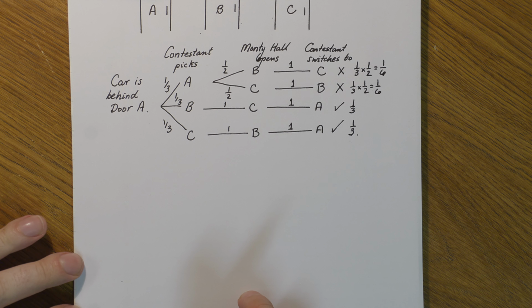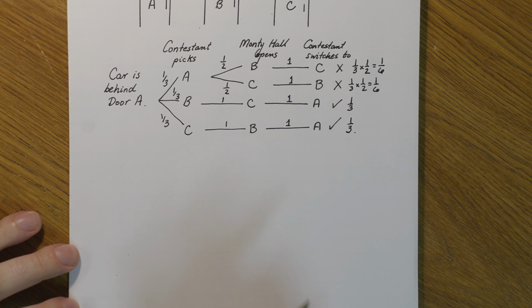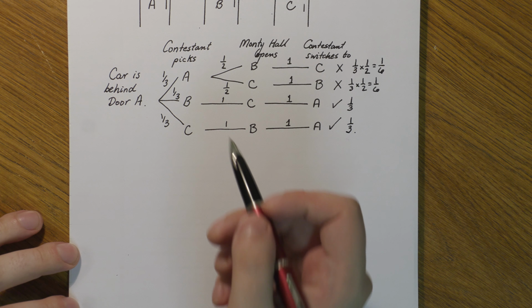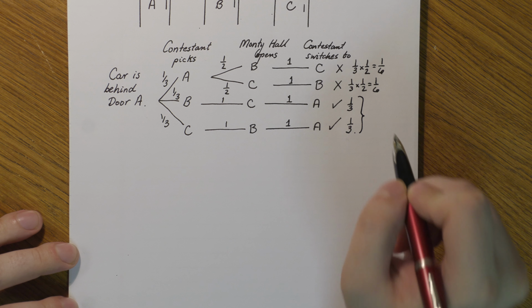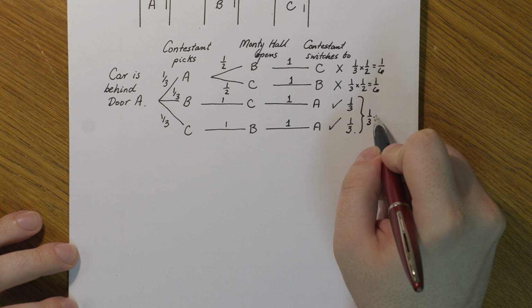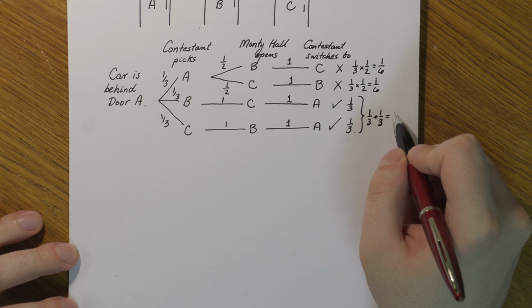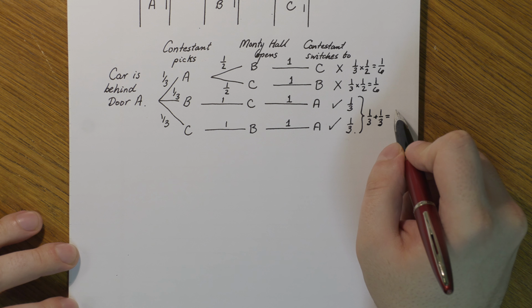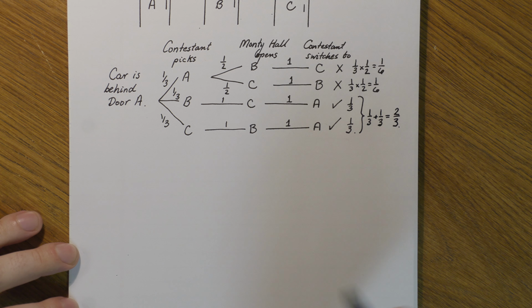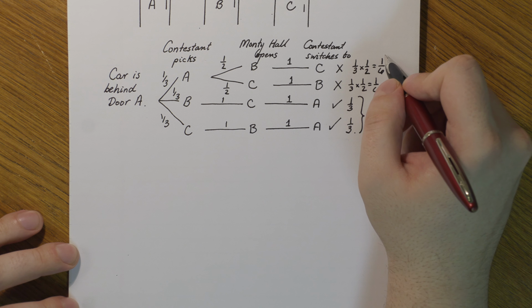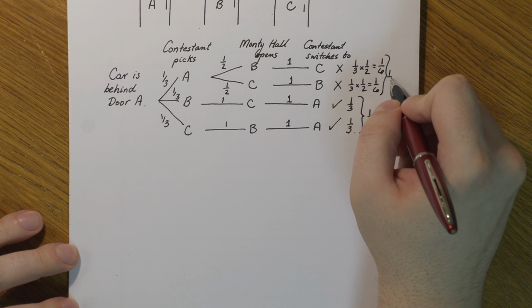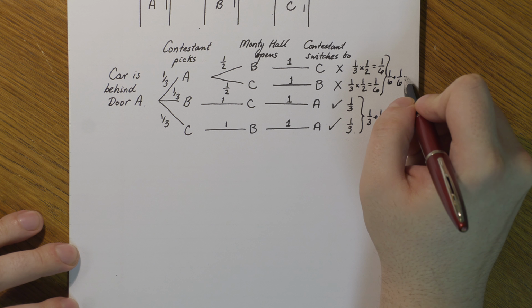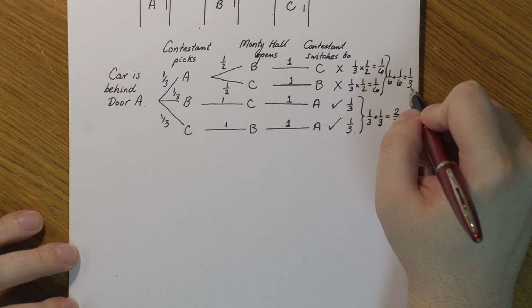Now, this is very interesting. The probability that the contestant wins by switching is 1/3 plus 1/3, which equals 2/3. And the probability of losing is 1/6 plus 1/6, and that's equal to 1/3.